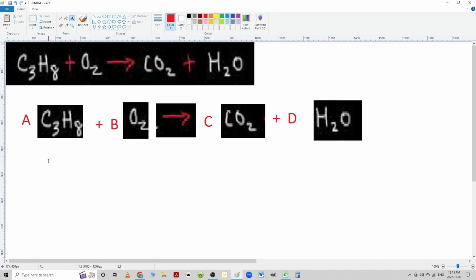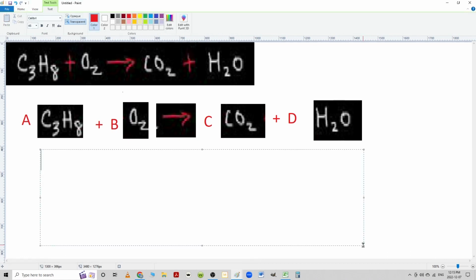Now we're going to count up your independent elements: C, H, O. Those are the only 3 in this equation. On the left side, how many carbons? Which one has carbon in it, A or B? A does.